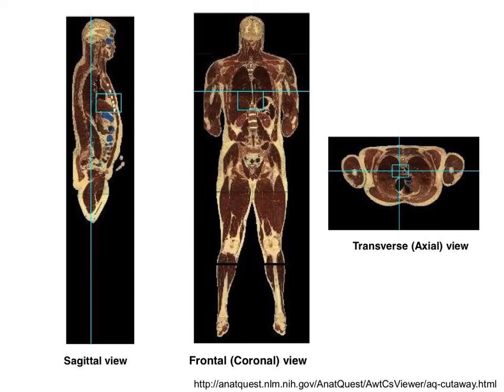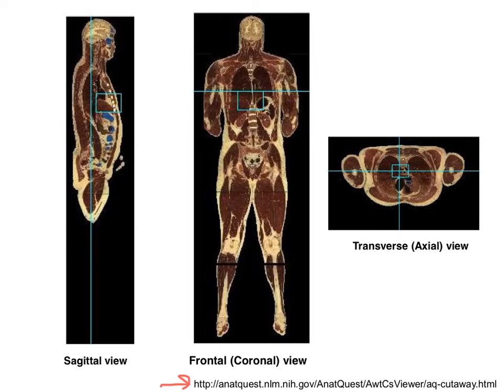Here I'm just showing you an example of how the human body can look very different depending on what type of section you're looking at. This is an example of an MRI from a 72-year-old male housed at the Visible Human Project at the National Library of Medicine. You can go ahead and play around a bit on their website if you like.